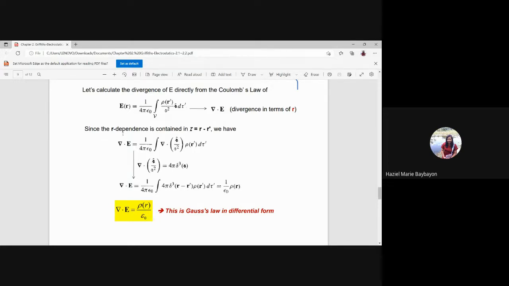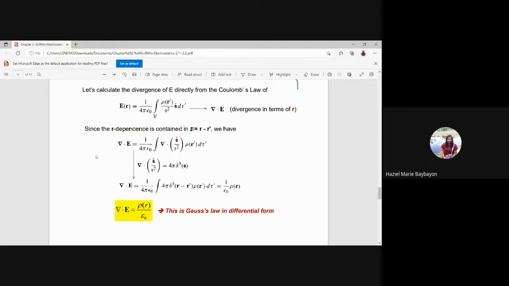Since the r dependence is contained in this r, which is equal to r minus r prime, this is the separation vector. So as you can see, it is the same expression for the separation vector. And I do not see any r term here. So the r here is this one, the separation vector r.